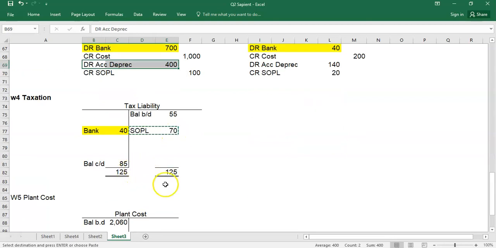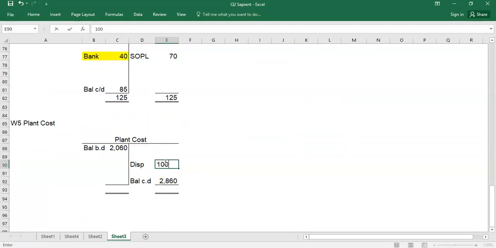Then you have to adjust for the cost, which is the million. So you're saying if this side is going to be 3860, both have to balance, both have to be the bigger side. That's how T accounts work. This must be acquisitions. And that must be, in this case, the difference, which is 1.8 million.